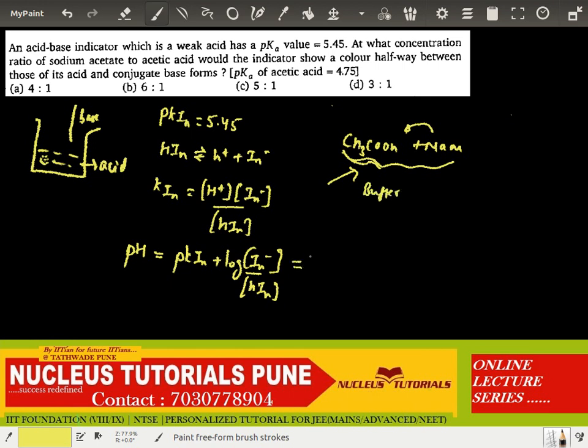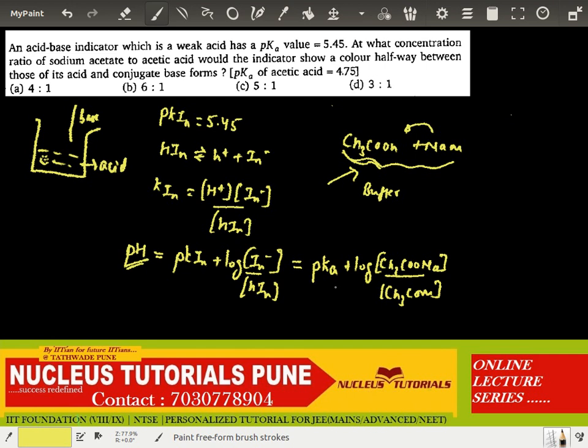So from the buffer perspective, the formula is pKa plus log of salt, which is sodium acetate, CH3COONa, upon acid, which is CH3COOH.